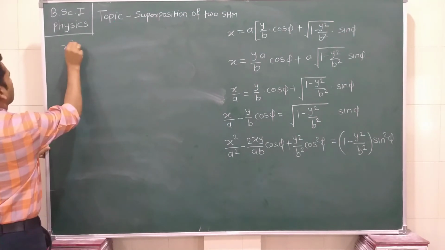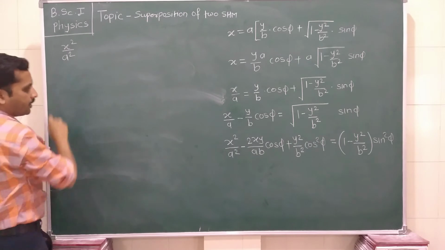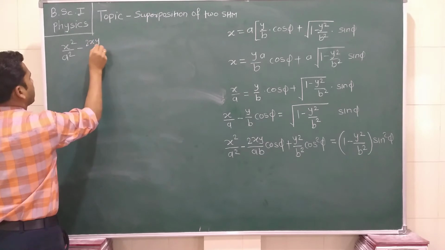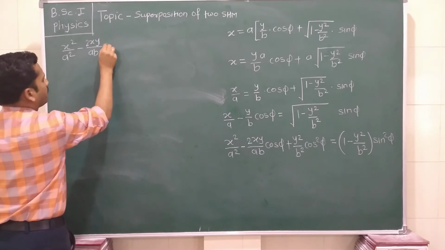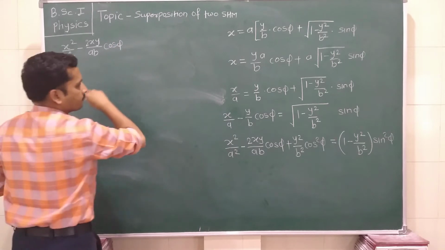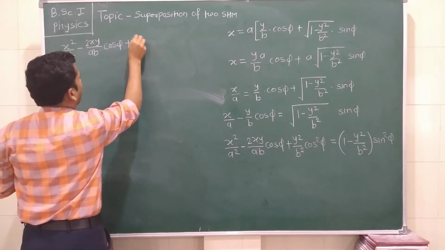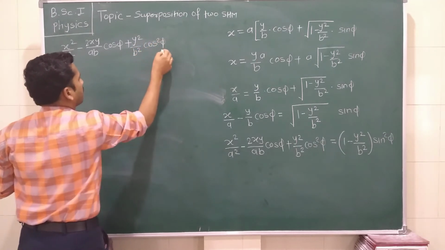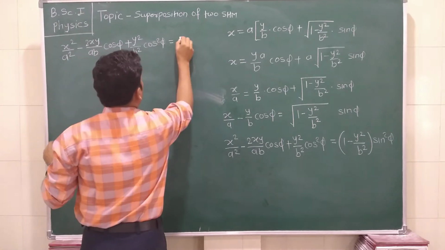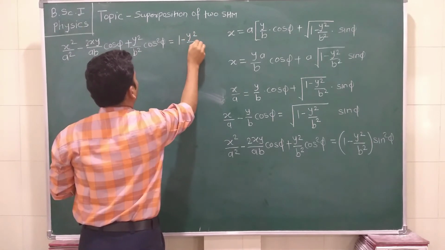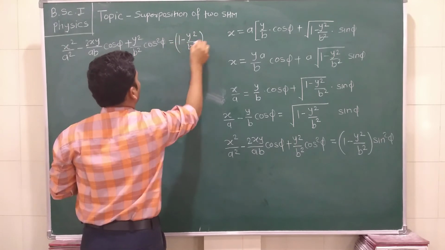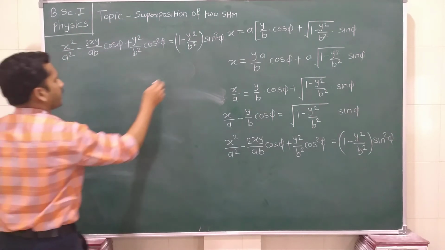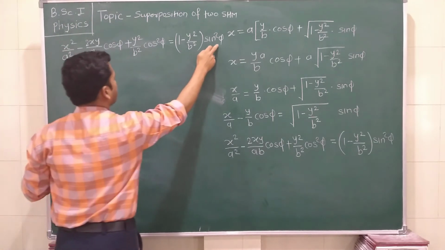This is x square upon a square minus twice xy upon ab into cos phi plus y square by b square into cos square phi is equal to 1 minus y square upon b square into sin square phi. Now, if we solve this bracket, we get sin square phi.